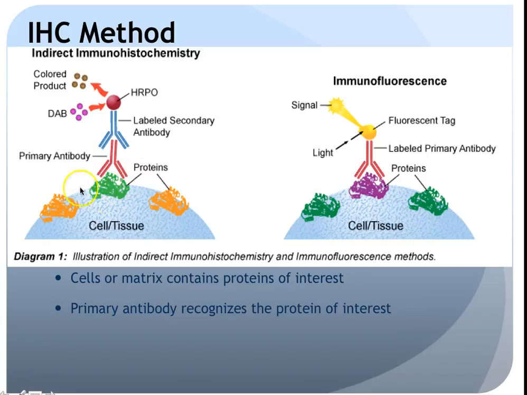It's going to bind, okay, to this protein. Now, this antibody was made so that, in theory, it should only recognize this protein, because this protein has a certain amino acid sequence on it that this antibody remembers, okay? And whenever it sees that amino acid sequence, it's going to bind to it, okay? So that's how this works.